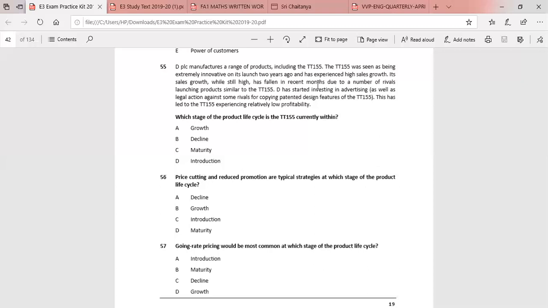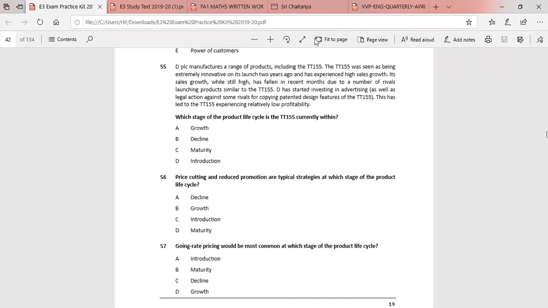Okay, sorry, A is growth. I thought A would be introduction. I'm really sorry. So a number of rivals have launched their products. D has started investing in advertising as well as legal action. So when a number of rivals enter into the market, it would be the growth phase.